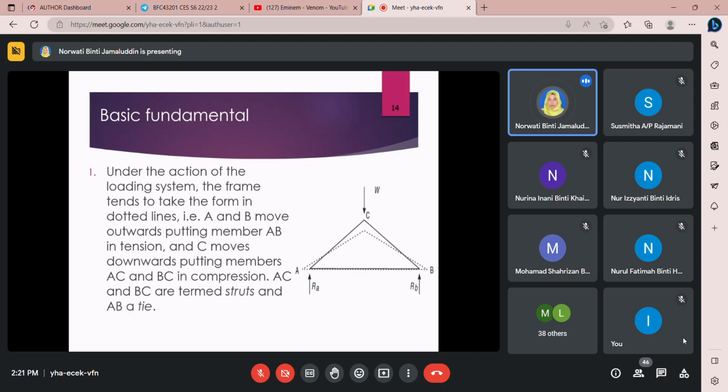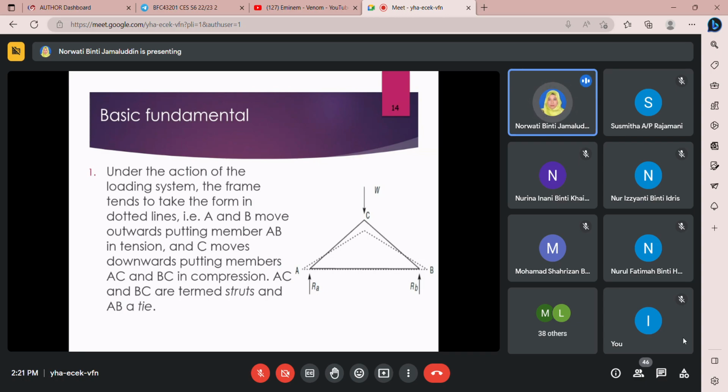Tension member, as for member AB, is also known as a tie member. Compression is also known as a strut member. The term strut is suitable to use for truss systems only.